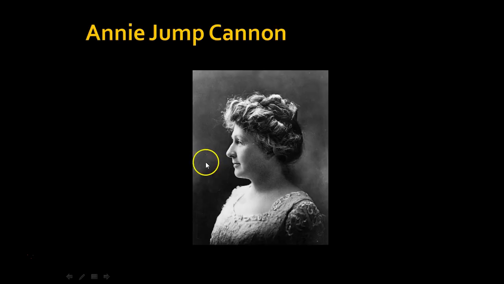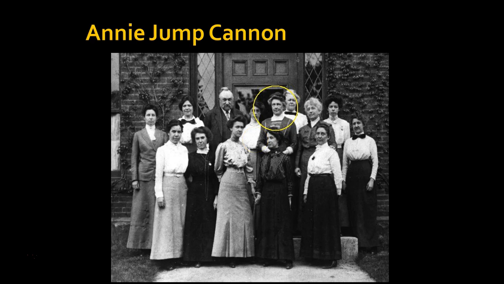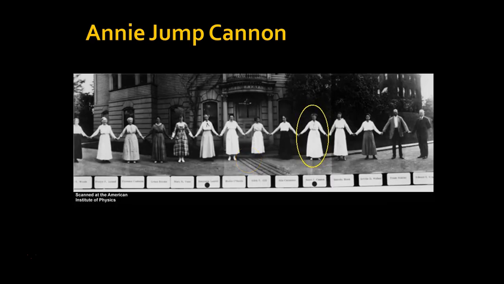Now, Annie Jump Cannon was working for Edward Pickering, along with quite a number of other women who spent a great deal of time looking at the photos of the spectra of the stars. Here they are again. He was very proud of his group of women doing the hard work.